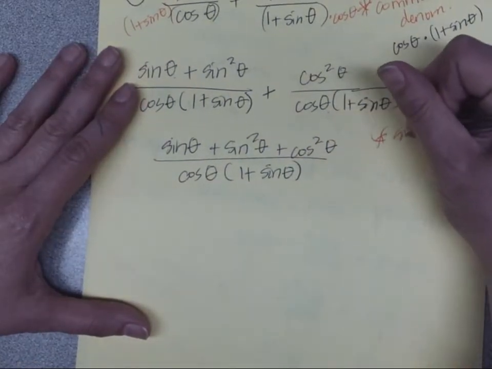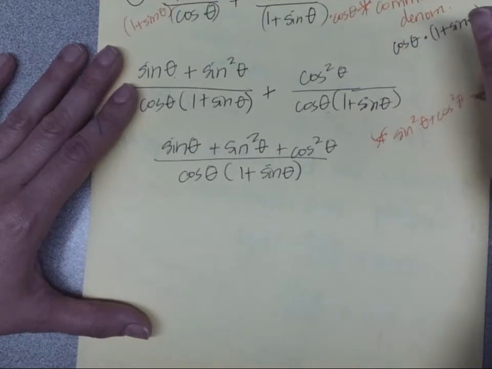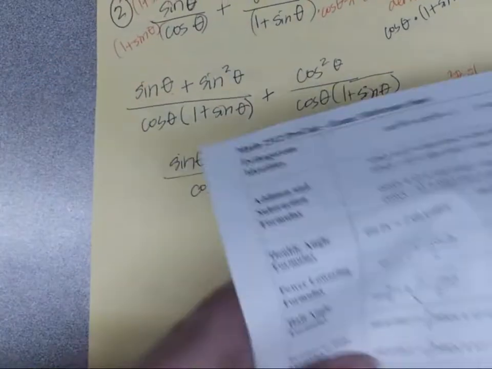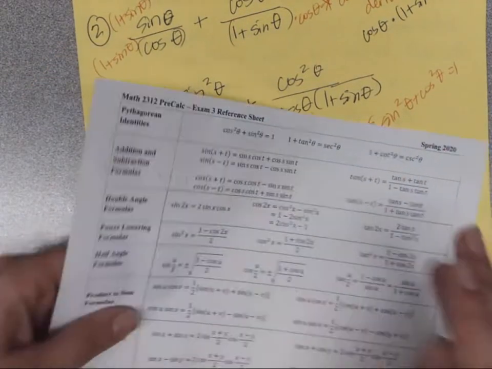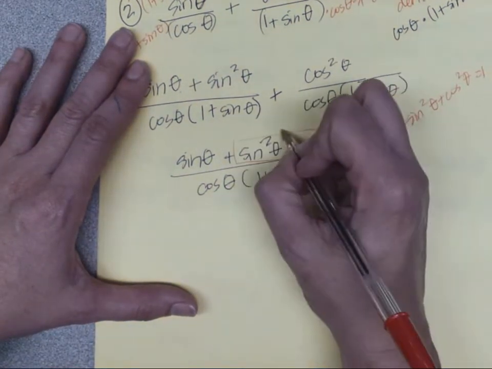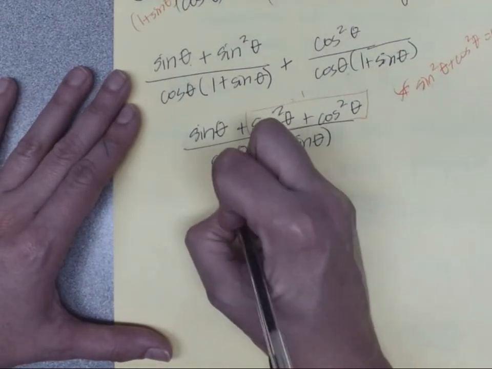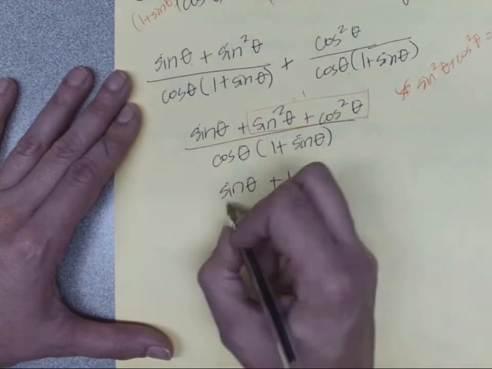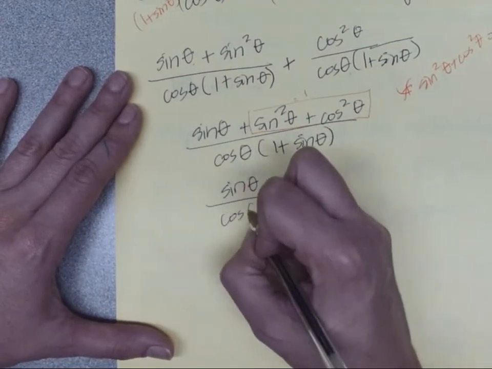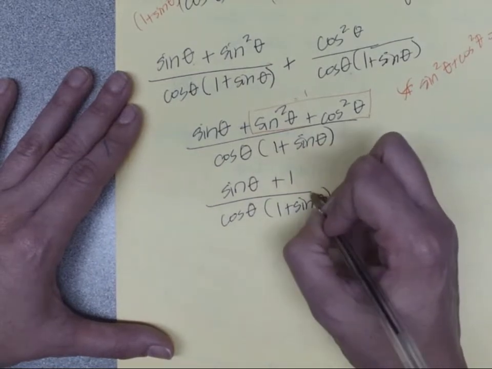Just a reminder, sine squared theta plus cosine squared theta equals 1. That's on your formula chart if you needed to go back to it. Okay, so this piece right here is the same thing as 1. So now I get sine theta plus 1 over cosine theta times 1 plus sine theta.